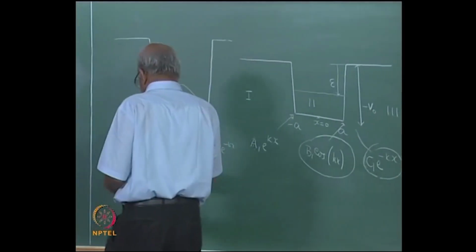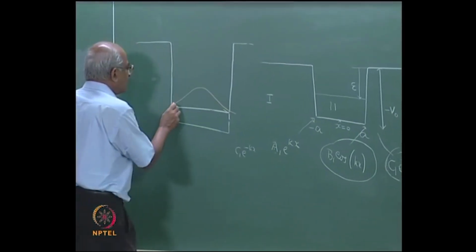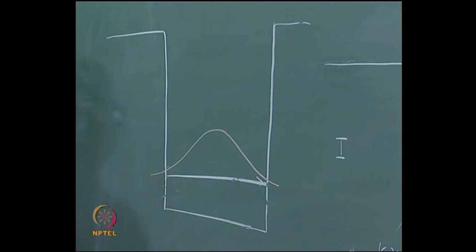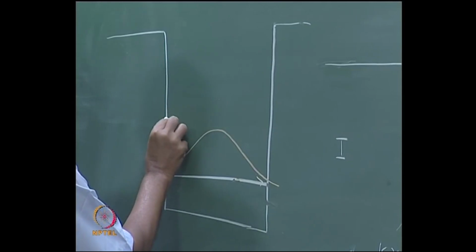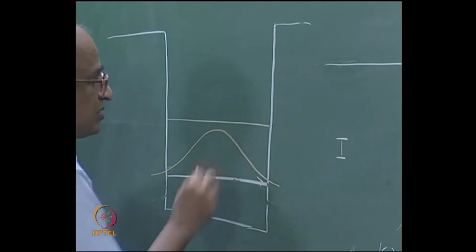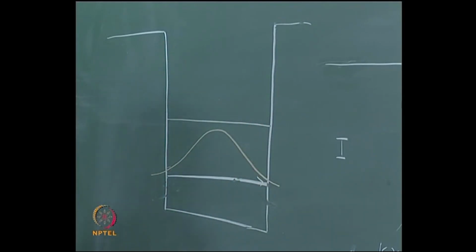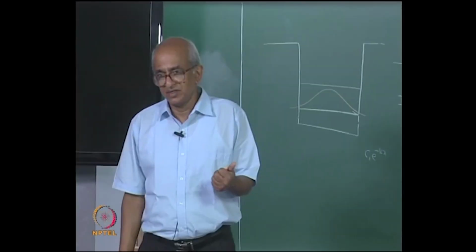Similarly, on the other side, again the wave function would decay exponentially. So, this is the first possible state. The next state is this one, but I am not going to draw it. Why? Because I have not found it.